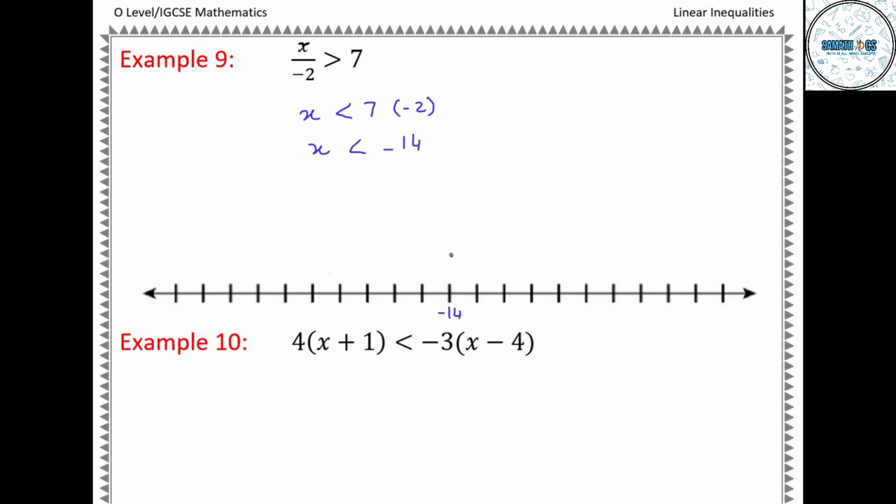We have to draw a circle here, and the arrow is to be towards the left. We have to write here minus 13, minus 12, minus 11, minus 10, and on this side, minus 15, minus 16, minus 17, minus 18, minus 19, and so on.